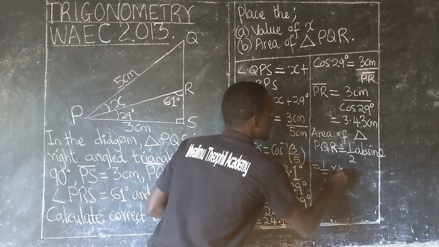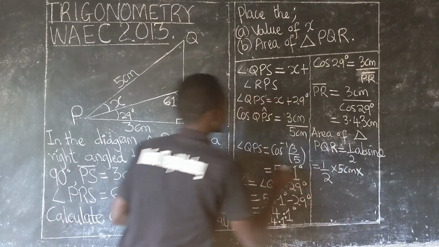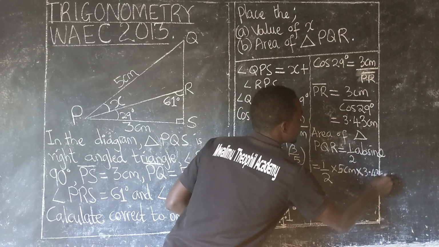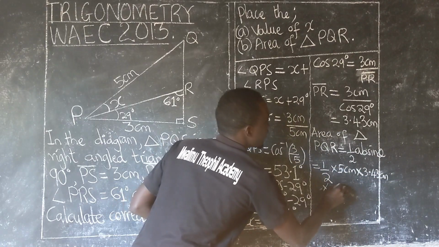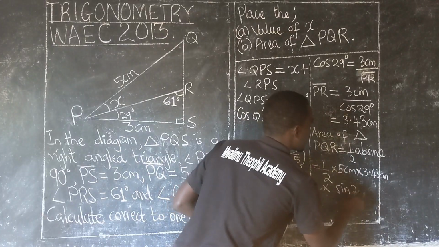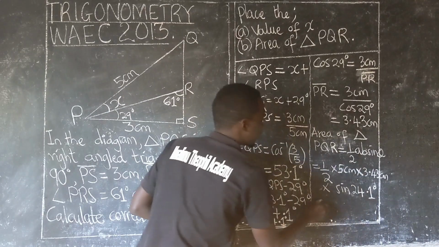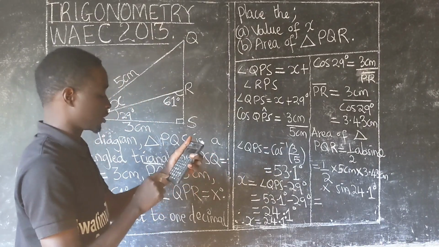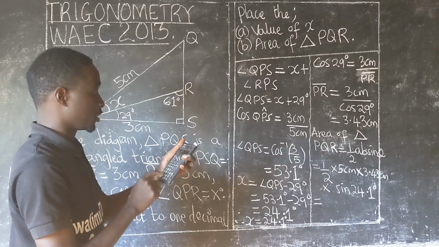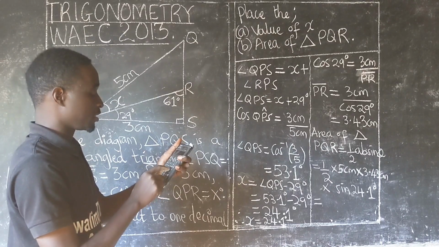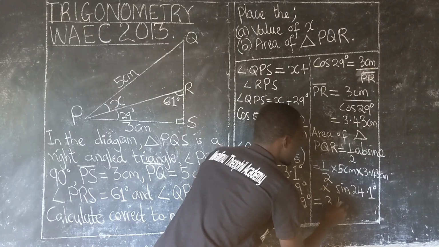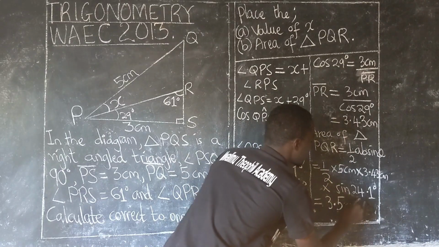One is 5 centimeters, times the next one, PR, already obtained as 3.43 centimeters, times sine of the included angle x, which is 24.1 degrees. So a half times 5 times 3.43 times sine of 24.1 gives 3.5 centimeters squared.